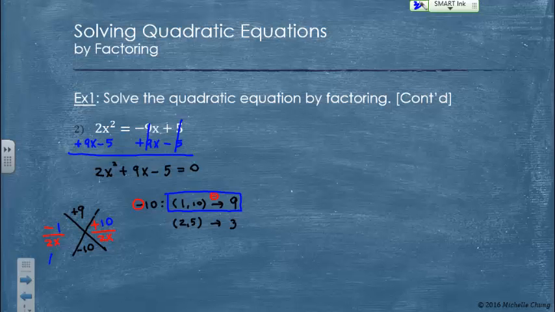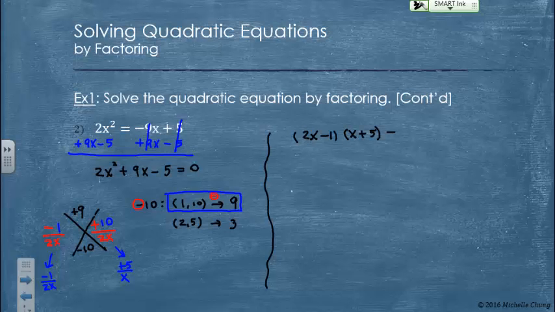If you look at the left side, we can simplify, so negative 1 over 2x. If you look at the right side, you can simplify divided by 2, so positive 5 over x. So if you factor 2x squared plus 9x minus 5, it should be 2x minus 1 times x plus 5.